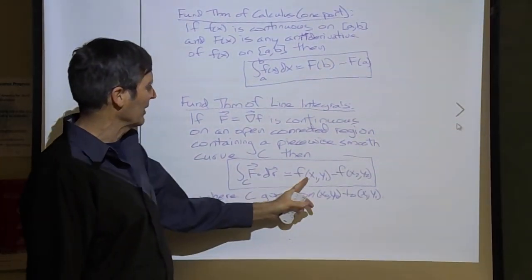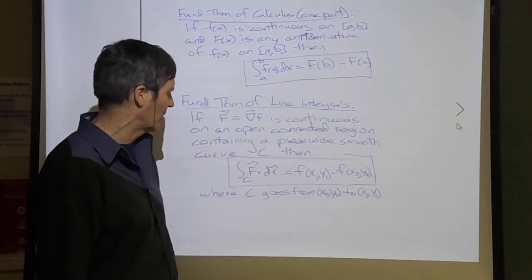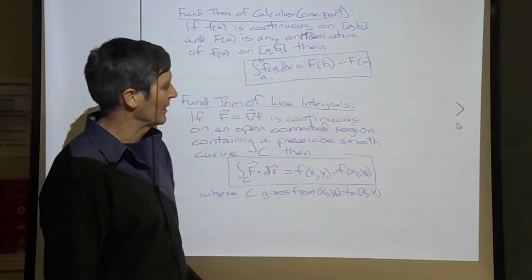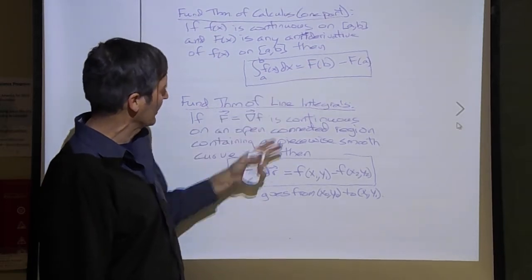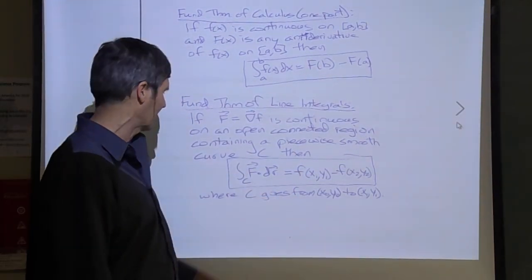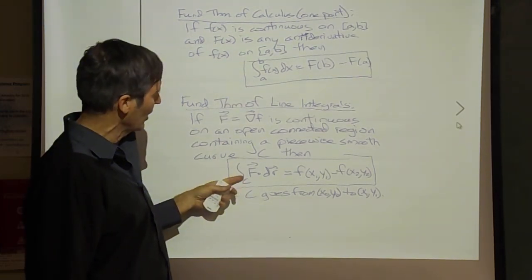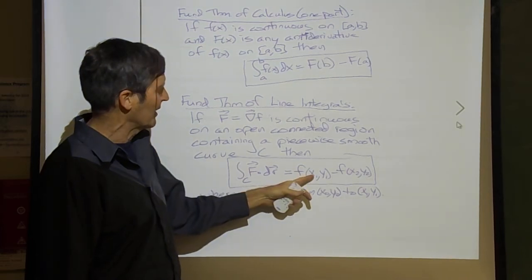So you just have to plug in the endpoint, plug in the beginning point, and take the difference just like you did in calculus 1. It's just now you use the potential instead of the antiderivative, and the letters are backwards. Here little f goes in the integrand, big F outside. Here big F goes in here, little f outside. But that's the analogy, and now this just becomes a special case of this, where you run C along the x-axis and make this a function of just x.